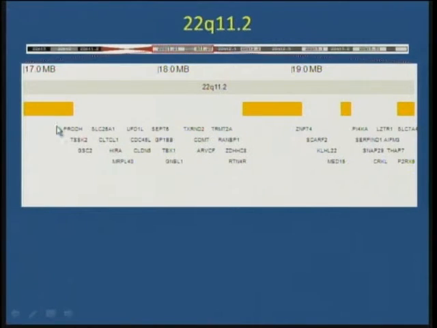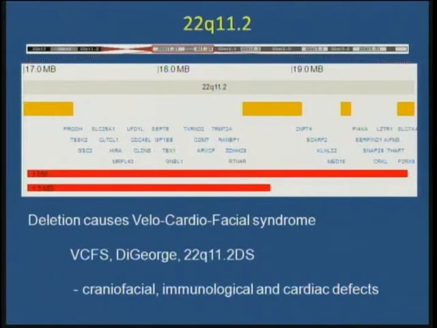The next track is the list of well-characterized genes within the region. There are two relatively common mutations at this locus. One is the full 3 megabase deletion that spans the entire region, and another is a 1.5 megabase deletion within that 3 megabase region.